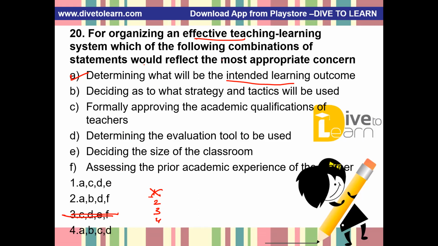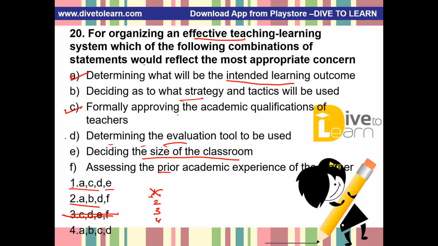Options: A, C, D, E. Size of the classroom. And assessing prior academic experience. It would be option 2. A, B, D, F and A, C, D, E. Deciding what strategy and tactics will be used. D, determining the evaluation tool to be used.